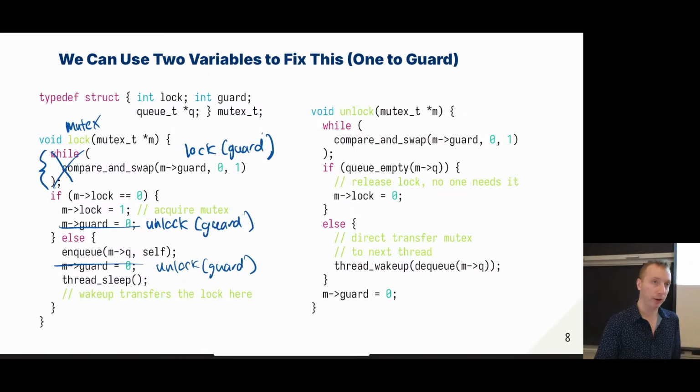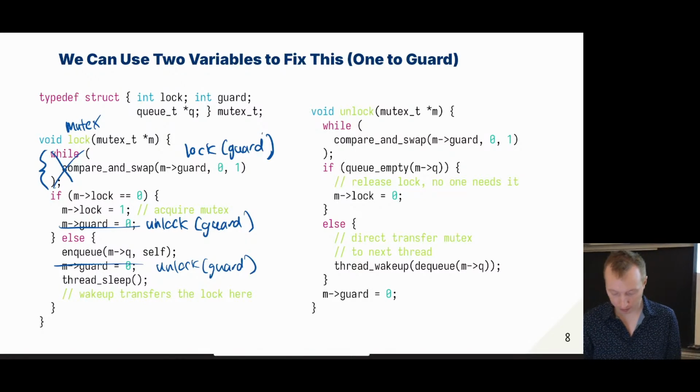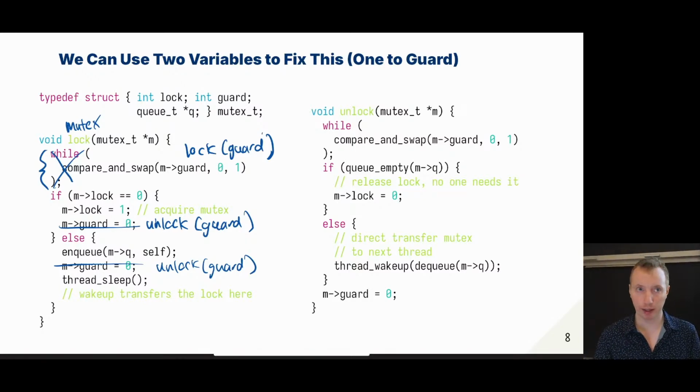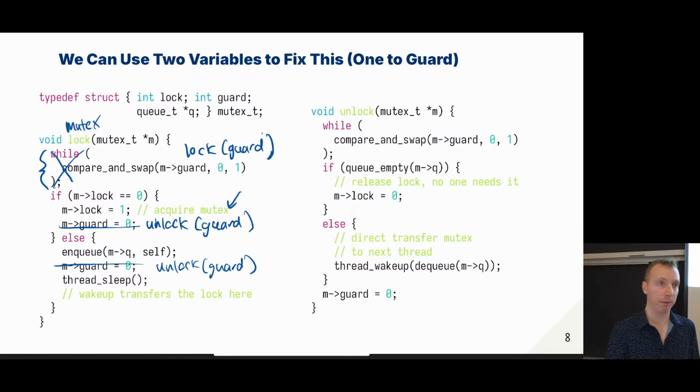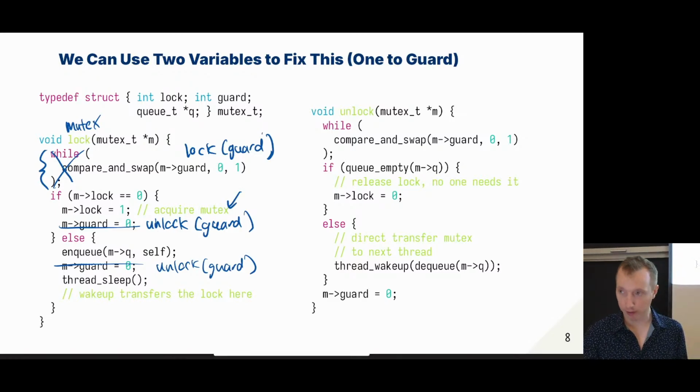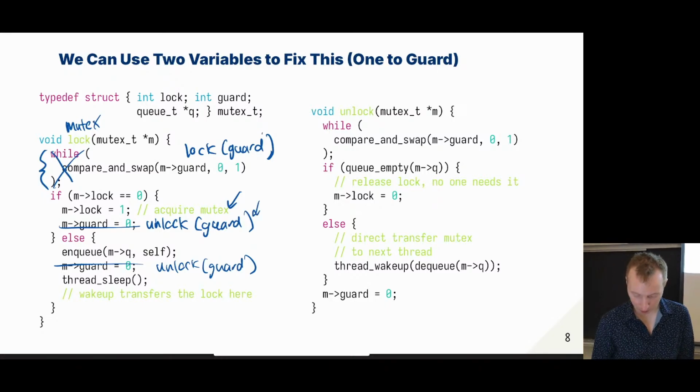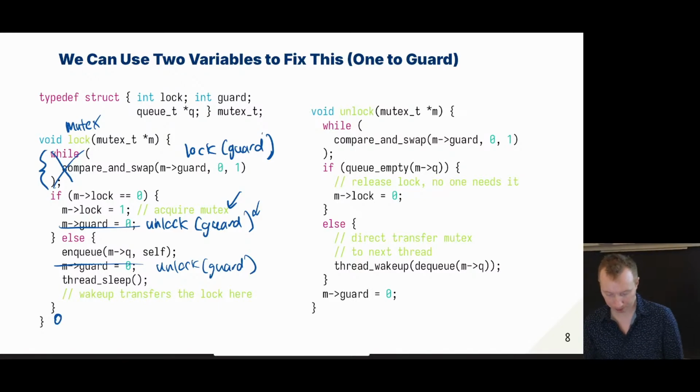And then I'll check the current value, so if it's 0, it means it's unlocked, means I don't have to wake anything up. All I can do is just change that value from a 0 to a 1, says now that means I have the mutex, and then I'm just sure to unlock it before I'm done this function. And then that's all I have to do in the case that no other thread was waiting.